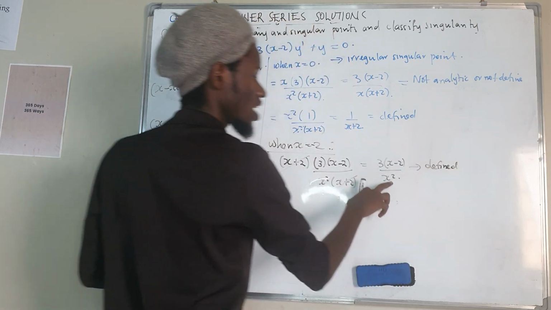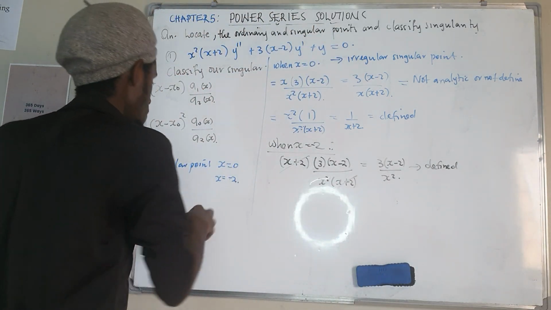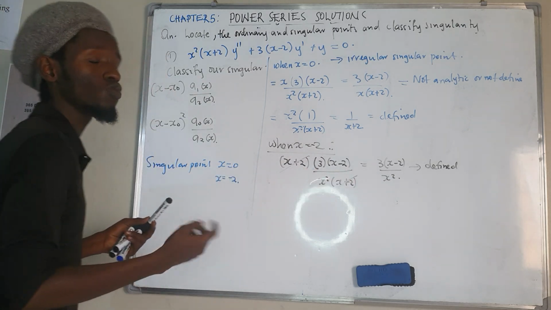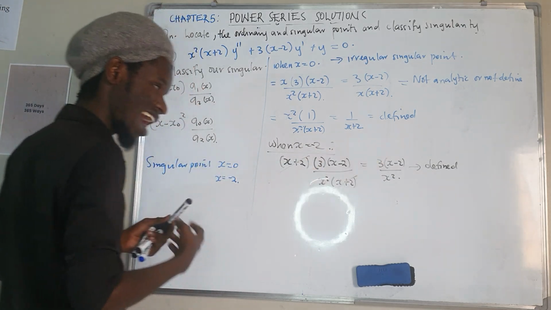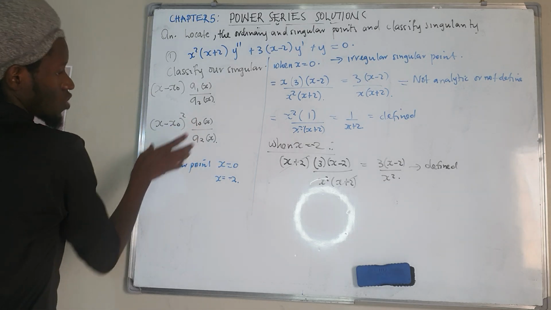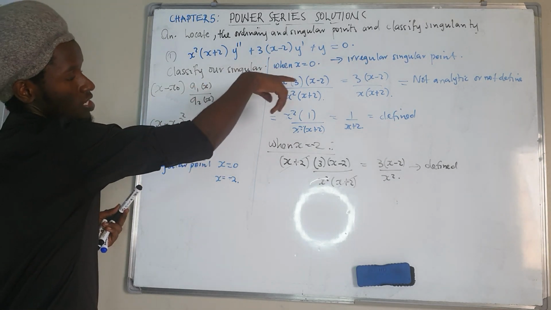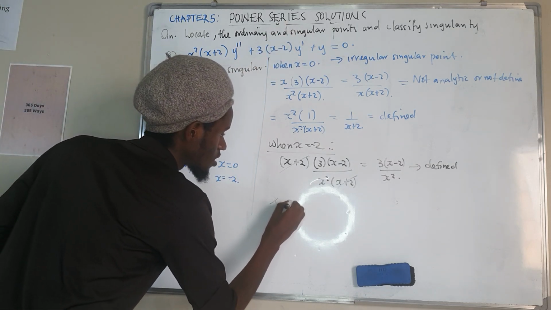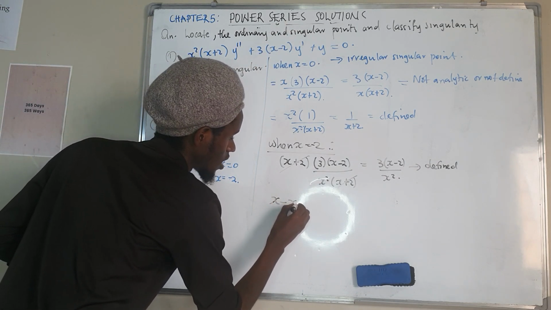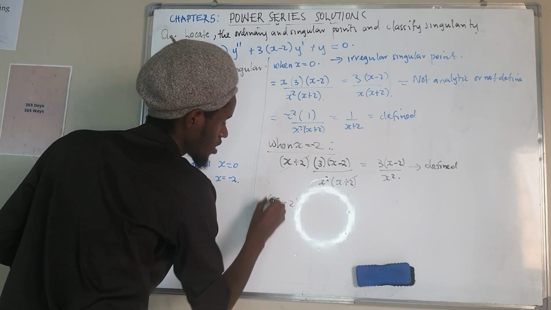Because when x is negative 2, I don't have a 0 down here, therefore it is defined. Since it is defined, I cannot just conclude that this is a regular point. I have to also check the second one to see that it is also defined. If both of them are defined, then I can conclude that it is a regular singular point. For the second one, I have x minus x naught, where x naught is negative 2, so x plus 2 squared.